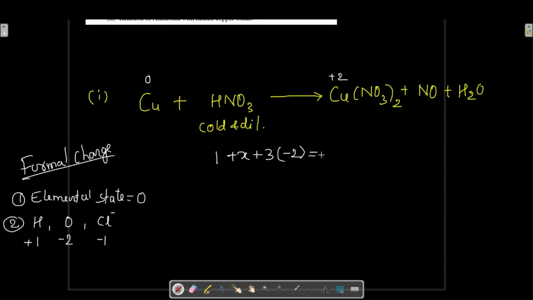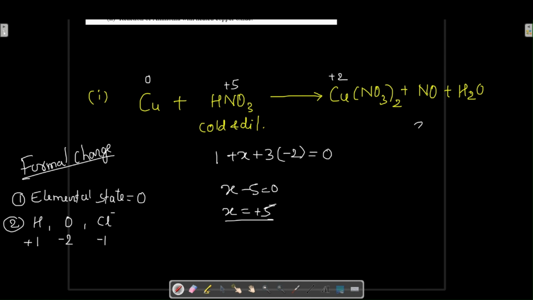For any neutral molecule, overall charge will be 0, so you equate it to 0. Now find X. 3 into 2, 6, and 1, so minus 5 is equal to 0. X is equal to plus 5. It is not valency. I am telling you it is a formal charge, which is not real. Then this nitrogen in nitrate will also be plus 5, no change. So leave it.